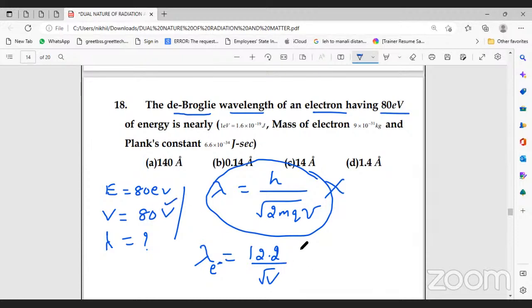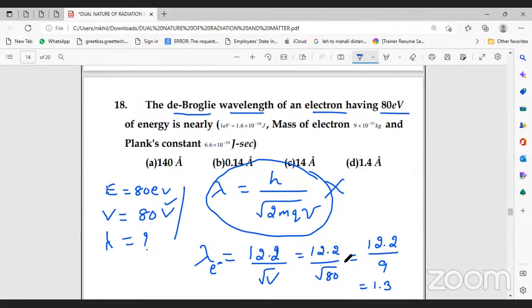What is V they have given? Root 80. What is root 80? Approximately 9. Root 81 is 9. So what is 12 by 9? 4 by 3. What is 4 by 3? Approximately equal to 1.3.